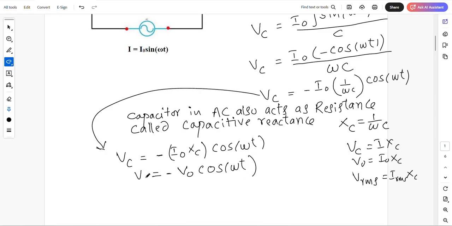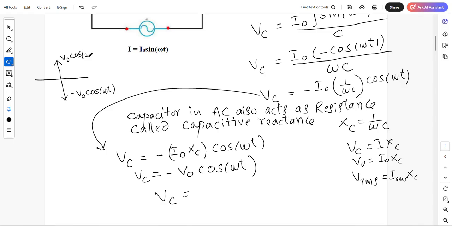That is voltage across the capacitor. And we know very clearly, we have learned in the phasor representation, for example, if this is x-axis and this is y-axis, minus V naught cos of omega t will come downwards, where plus V naught cos of omega t will come on top.